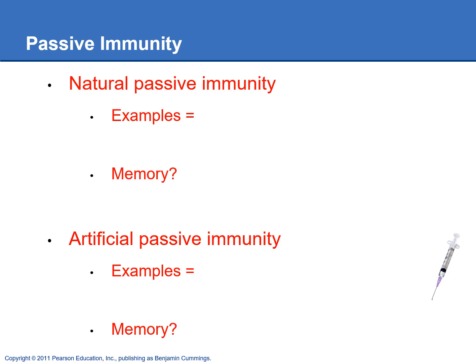Then artificial passive immunity is going to involve a needle, and how you can artificially give someone antibodies made by someone else. There's a couple of examples. Let's take a look at the next picture.